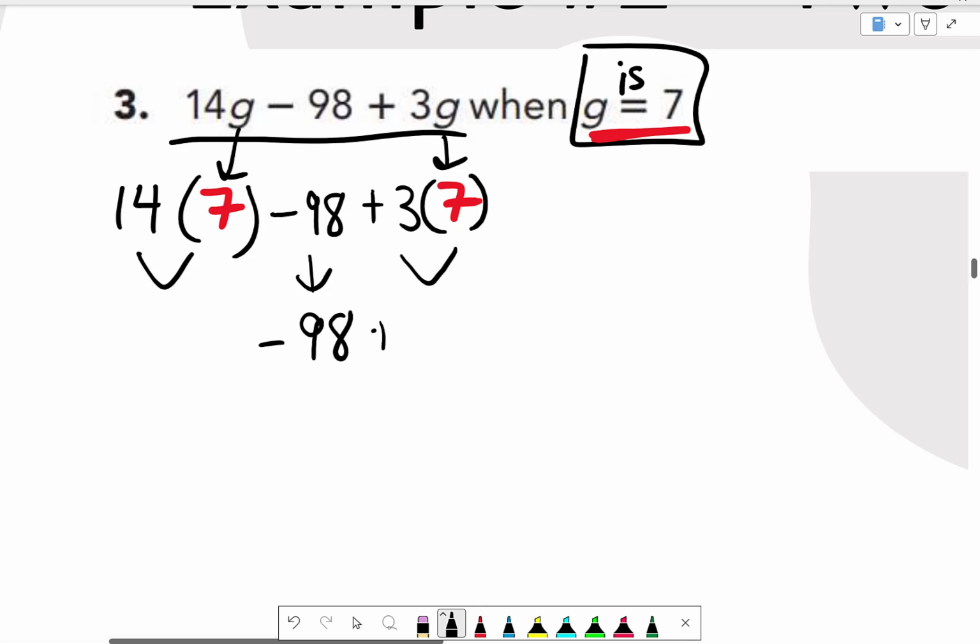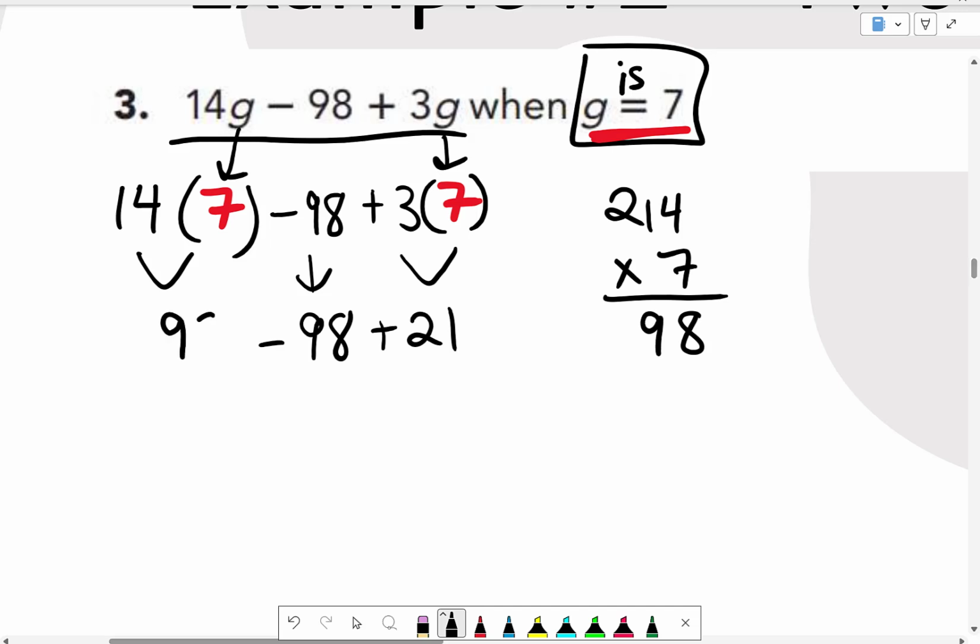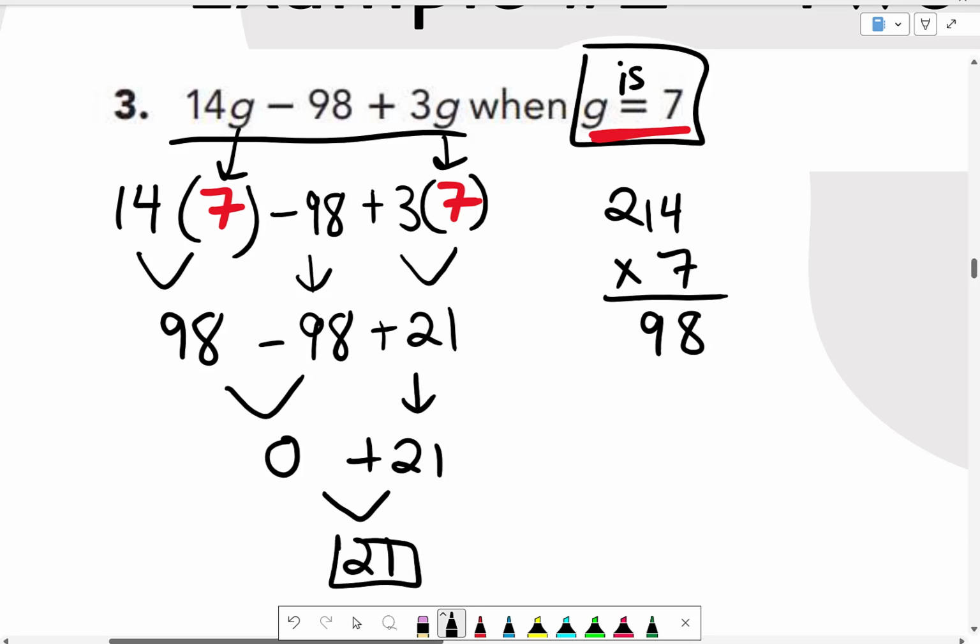So 3 times 7 is 21, and then 14 times 7, I'll do it by hand. Okay, so it should be 21, but again, I'm going to show you how to use a TI-83 to solve this.